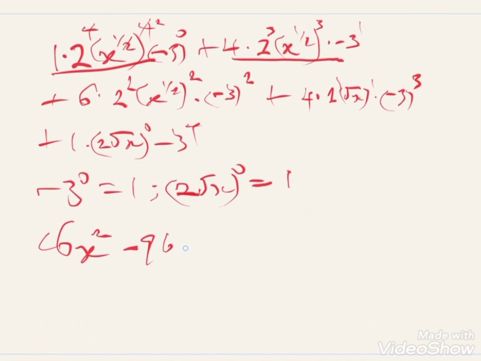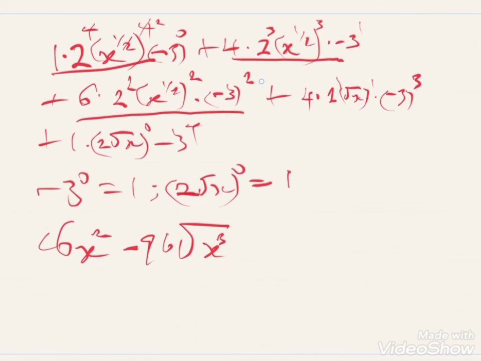Again, 3 times 1 over 2 gives square root of x raised to the power 3, or simply minus 96 x raised to the power 3 over 2.